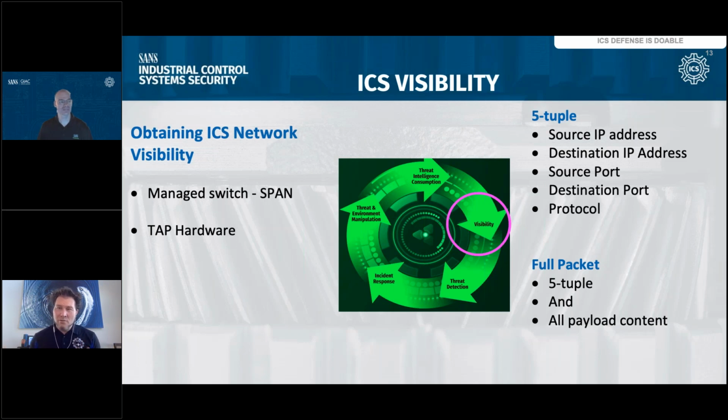There's a ton of value getting just the 5-tuple if that's where you want to start, which is your source IP address, destination IP address, source port, destination port, and protocol. Huge value because by quickly looking at the network behavior, you can see things like spikes in the traffic and also things like valleys in the traffic. So these behavioral changes in the network can really draw attention to evil inside the ICS.